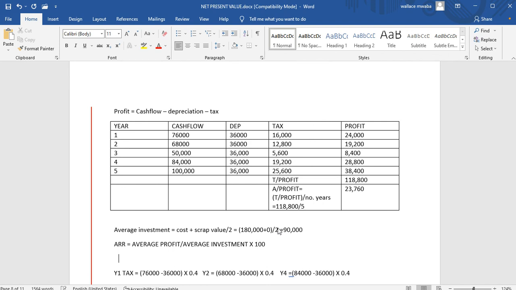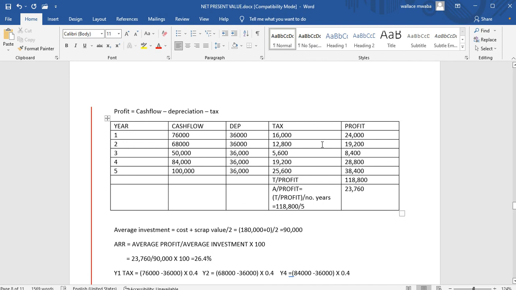Average profit was 23,760 divided by average investment 90,000, multiplied by 100. 23,760 divided by 90,000, we get 0.264, multiplied by 100, we get 26.4%.